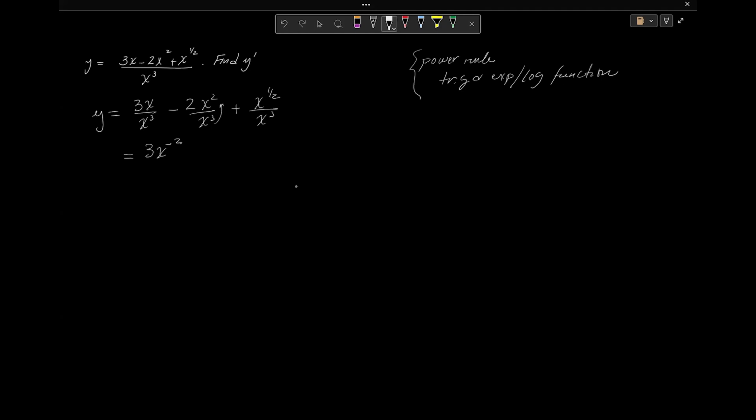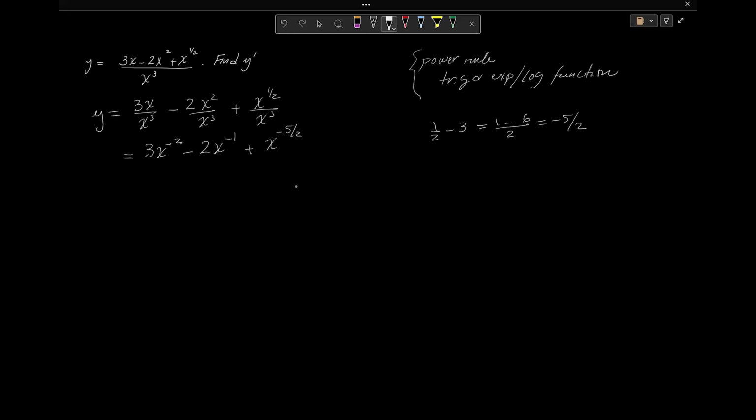Bring the x cubed up, it becomes x to the negative 3, and there's a 2 on top, so 2 minus 3 is negative 1. And here we have x, we have a half on top, we bring in the negative 3 up there, so let's do it on the side. 1/2 minus 3. That's 1 minus 2 times 3, 6, over 2. That's negative 5/2.